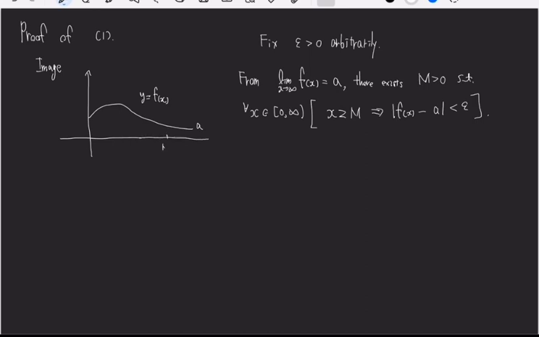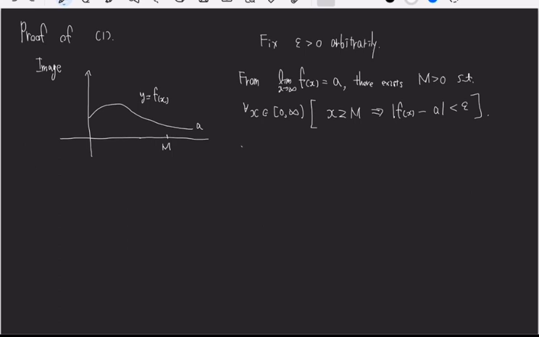This means in the image, if x is greater than or equal to the large number m, f(x) is sufficiently close to the limit a. As you already know, a continuous function on a closed interval is uniformly continuous.